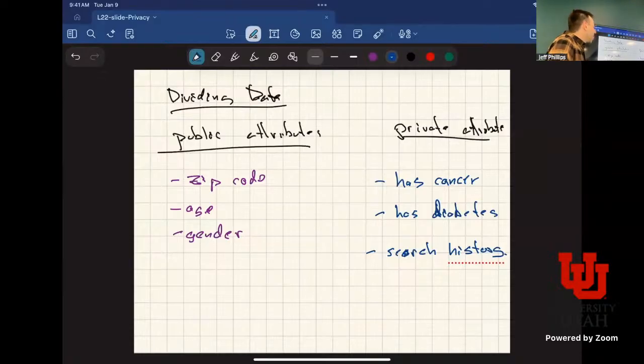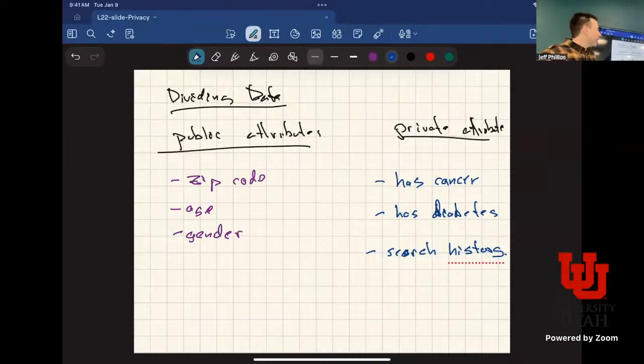But I want to release information about the cancer and the diabetes because I want to study what could be causing the effects of this, right? Does living near some power plant increase the chance of having cancer? So I want to release the information.